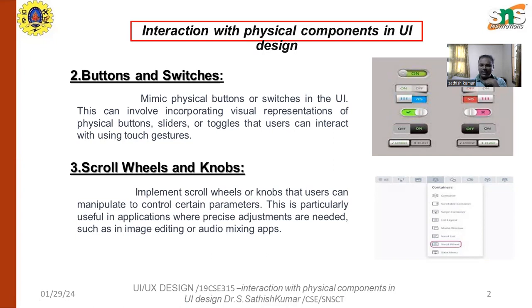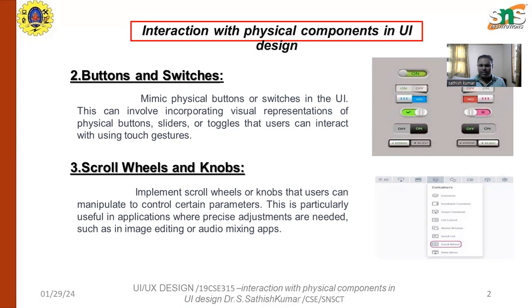Next one is scroll wheels and knobs. This implements scroll wheels or knobs that users can manipulate to control certain parameters, particularly adjustments, such as in image editing or audio mixing apps.